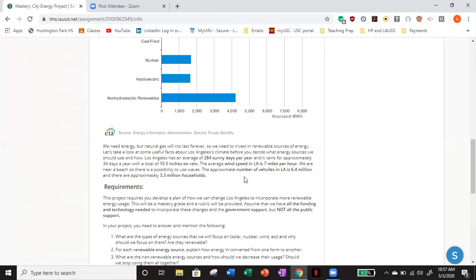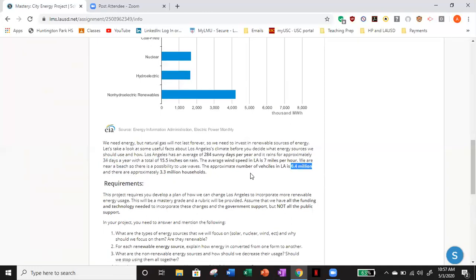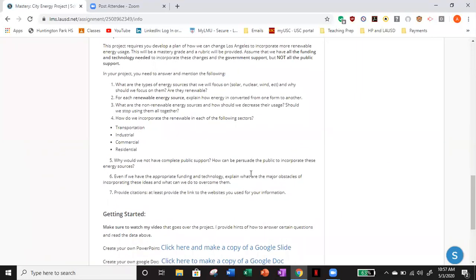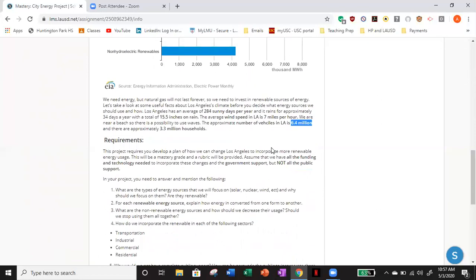So how can we persuade the public, if you're going to use solar powered cars or electric cars, to get rid of their gasoline powered cars and get electrical powered cars? There's going to be over 5 million people using gasoline powered cars. How can we persuade them, or how can we change it so we can have renewable energy? That's one thing that can be a common public criticism.